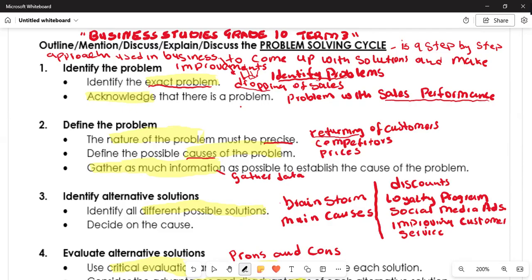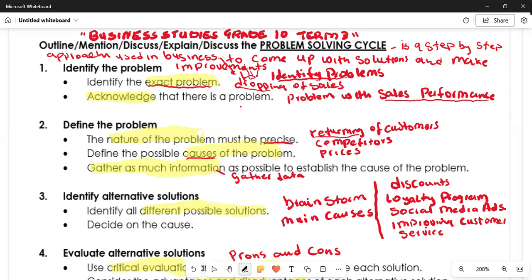Maybe it is due to high prices, or new competitors that have opened nearby. This is going to help clearly define why sales are dropping. Maybe it's due to competitors that have opened their business nearby, or the prices that are too high, which makes customers not return. Hope we are together on that one.